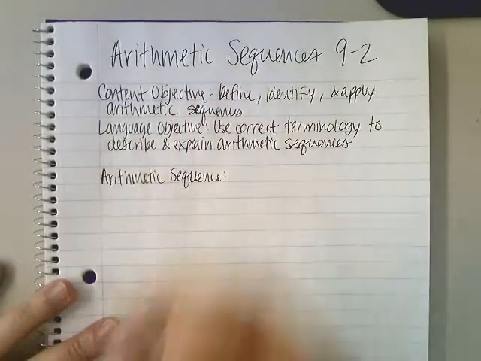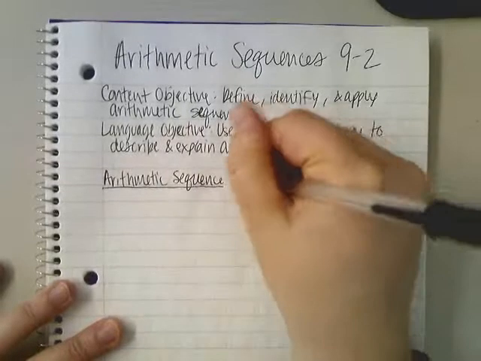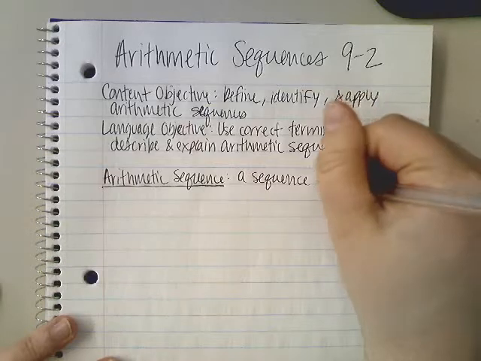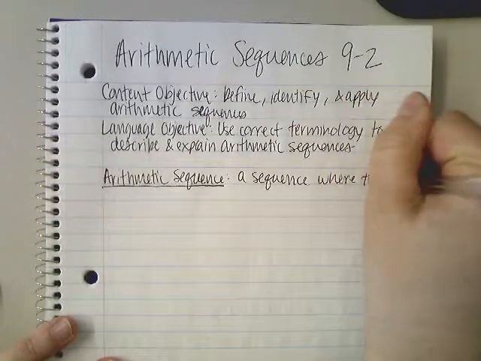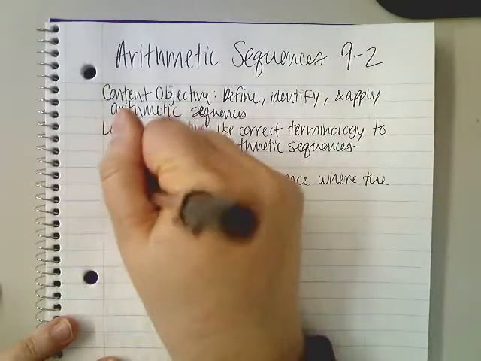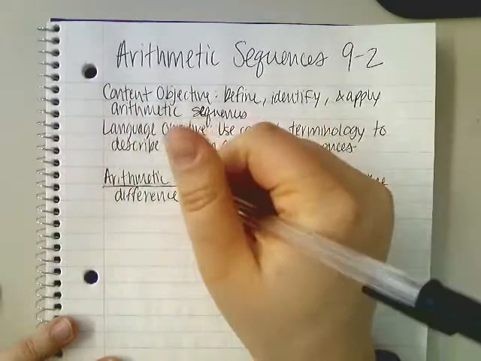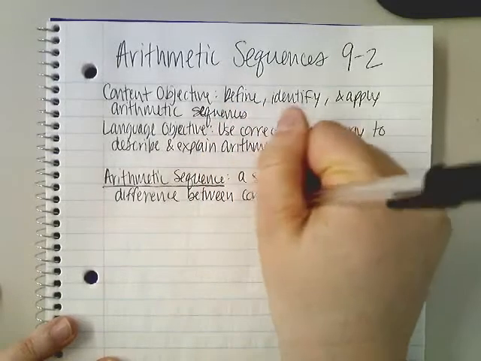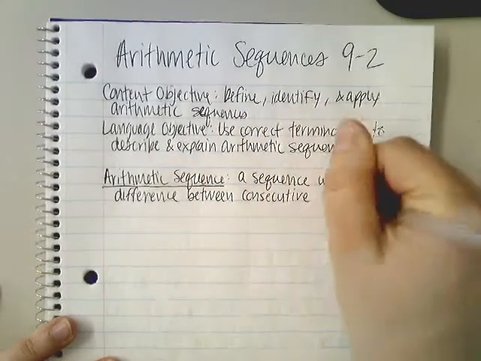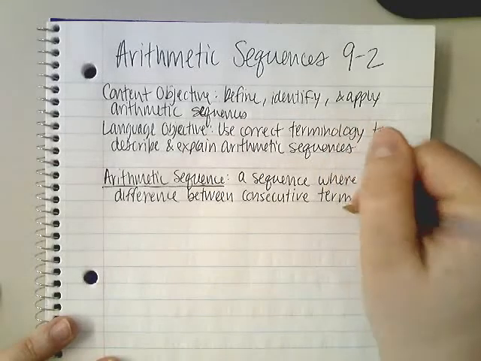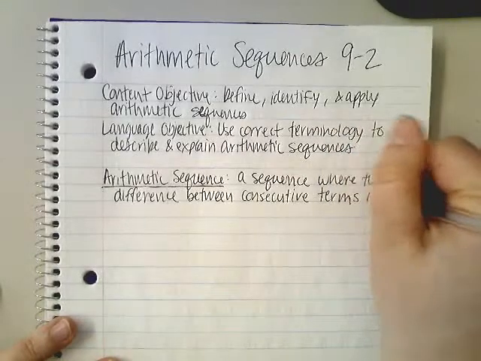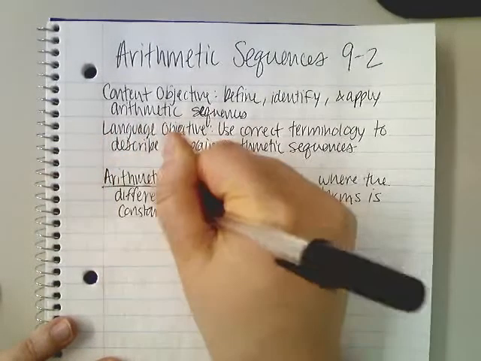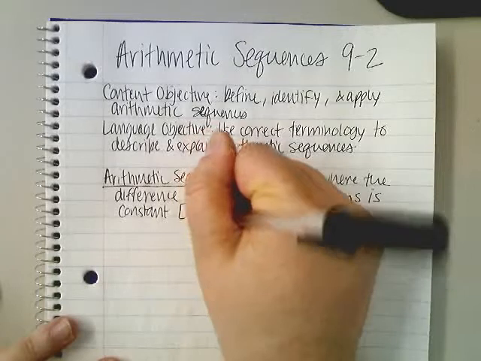So an arithmetic sequence is a sequence, which we began learning about yesterday, where the difference between consecutive terms, which consecutive means back to back, is constant, meaning there is a common difference.